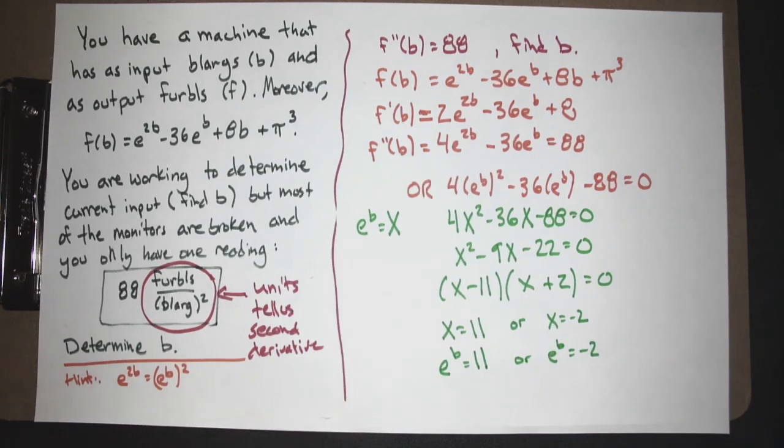Now, it's possible there could be 2 answers, and we can't distinguish. Is one of these a non-solution? Negative 2 is a non-solution? Why can't e to the b equal negative 2 be a solution? Oh, we've got a standoff here. Like, I want to explain.